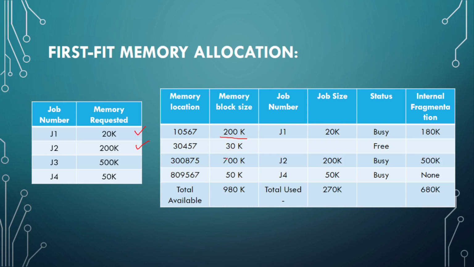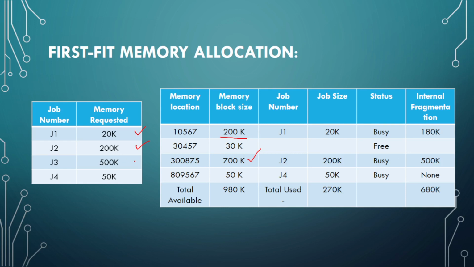So we allocate a 700 KB block to a 200 KB job, which leads to 500 kilobytes of internal fragmentation, which is not used by the job.